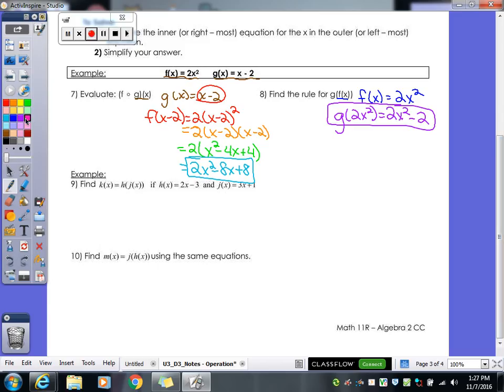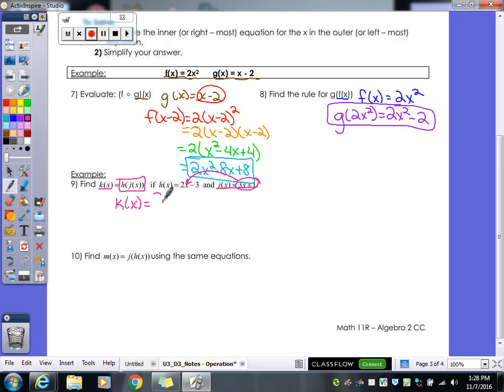So then 9 and 10, they're asking you the same thing. Again, they're just asking it in a different way. They're trying to tell you to find k of x, which is h of j of x. So that just means for the notation, you've got to write the same notation. You got to keep writing k of x as you go, because that's what they told you to write. So they told us to plug an x into the j function, which when I do that, I still get 3x plus 1. That doesn't change. So I need to now take this and plug it into the h function.